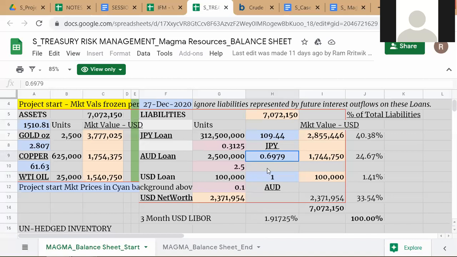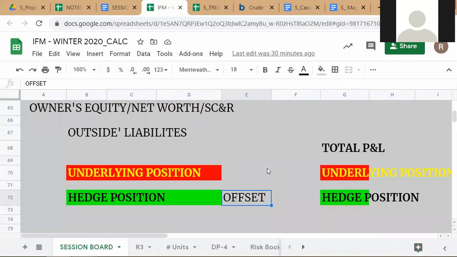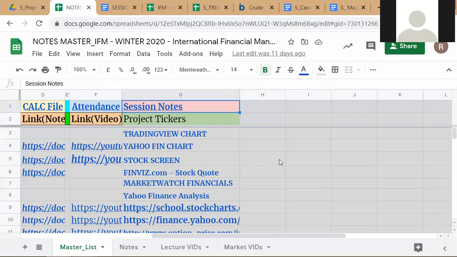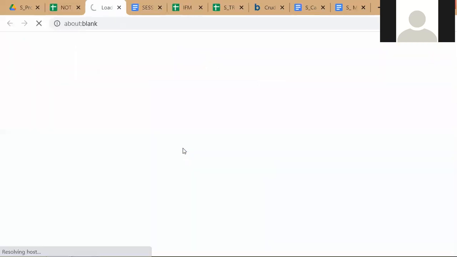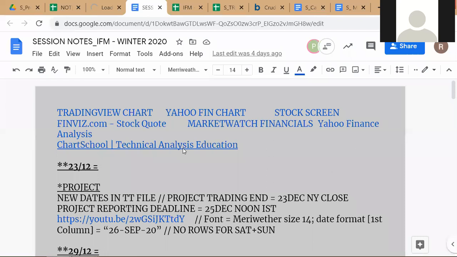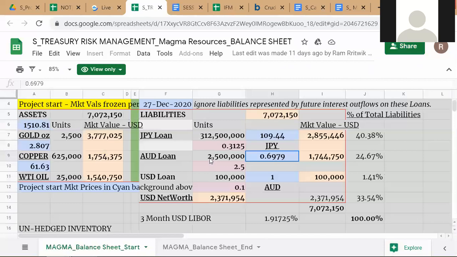So here, what is the risk? If you go back to our beloved chart, this is a correct point that Vipul and others have highlighted, that the exchange rates are also a risk.